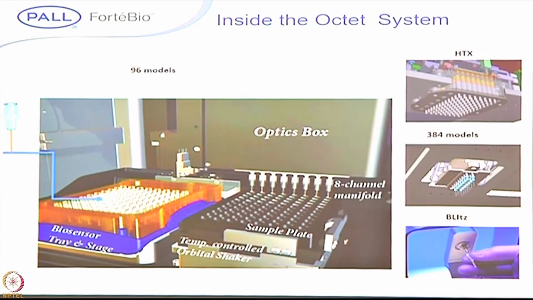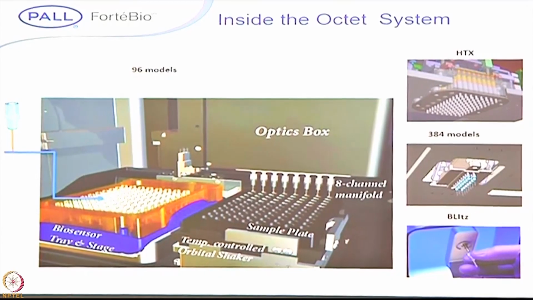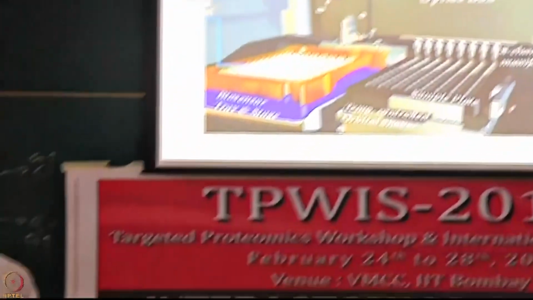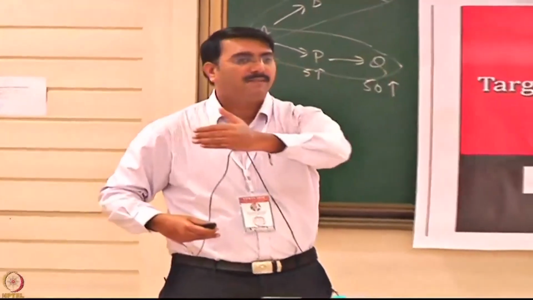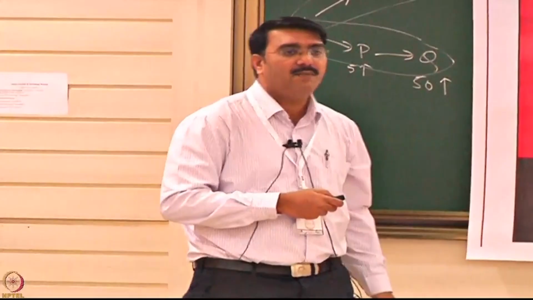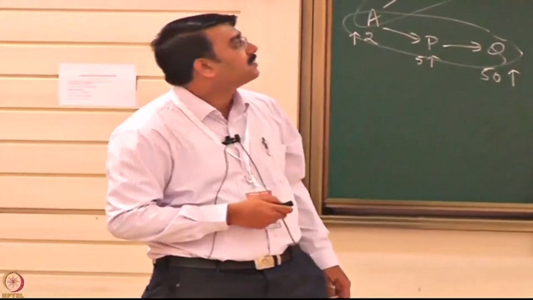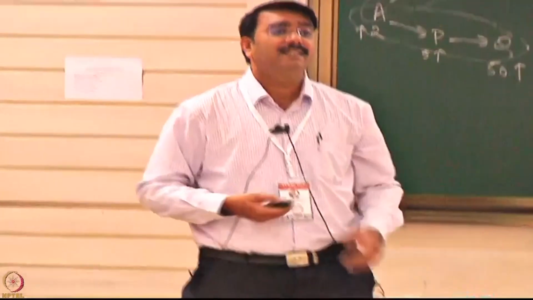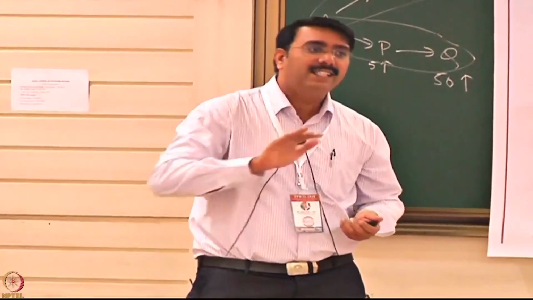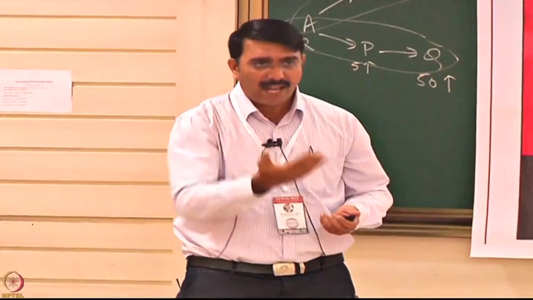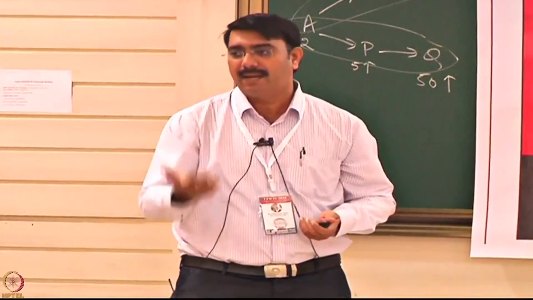What is the difference between SPR and BLI? We don't have any microfluidics here. It just works on dip and read. It picks up the sensor and dips it into the well. Everything, the reaction, happens at the tip of the sensor. In microfluidic devices like SPR, the flow assists in the binding, but here the orbital shaker assists in the binding.